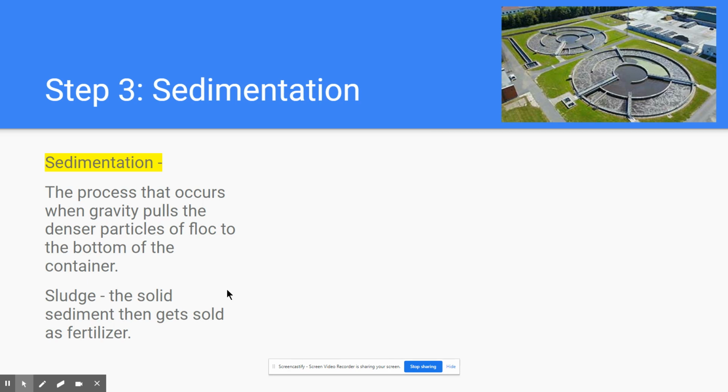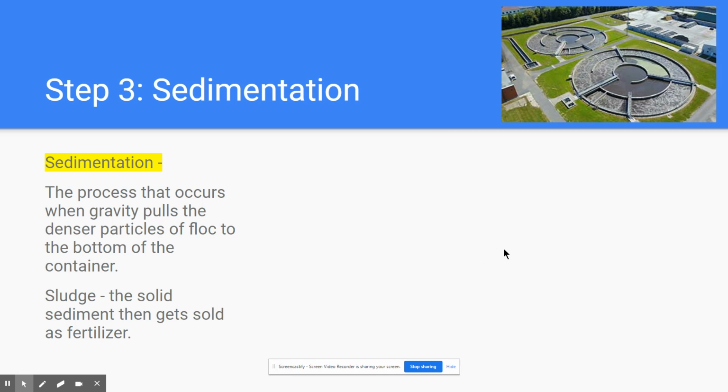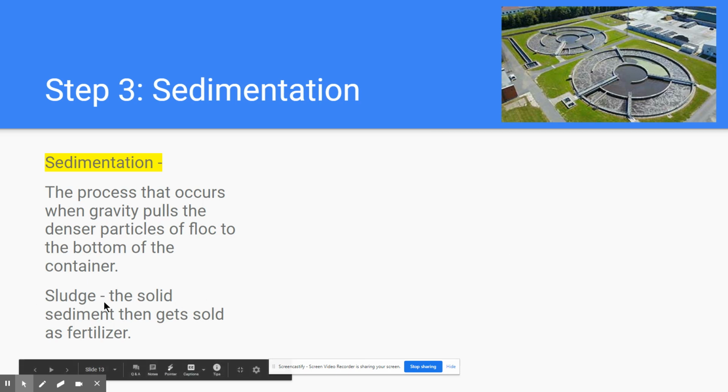What you have built up there at the bottom is known as sludge. And you will see a visual of this in the model that you see in just a second when you watch the YouTube video. But you got to know what sludge is. That should be highlighted. Sludge is a vocabulary word. Step 3, sedimentation.